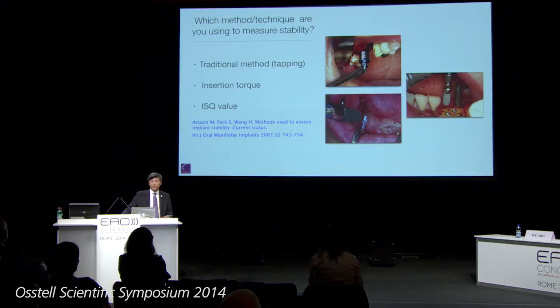Unfortunately, as he has already mentioned, it is a one-time measurement. And for that matter, if you are able to insert an implant at an insertion torque of 38 Newton centimeters, what does that tell you, really? It really doesn't tell you anything, except how dense the bone is and how much resistance you're getting by placing the implant.